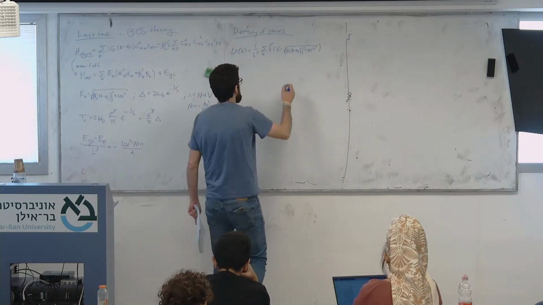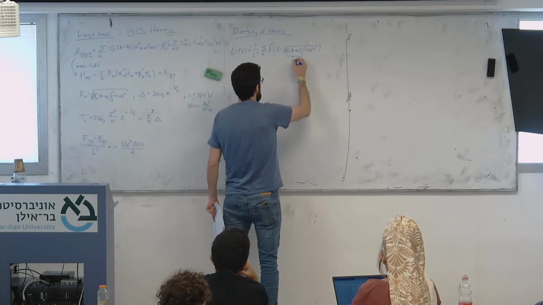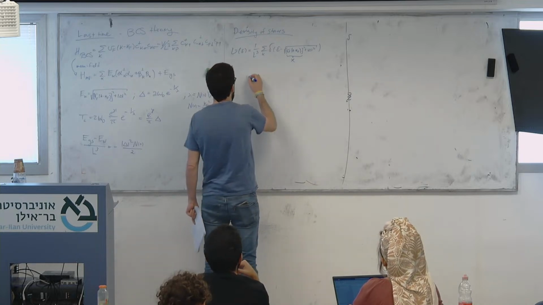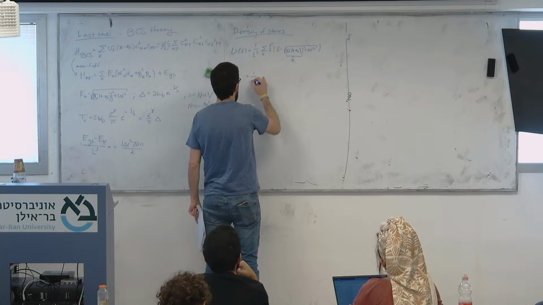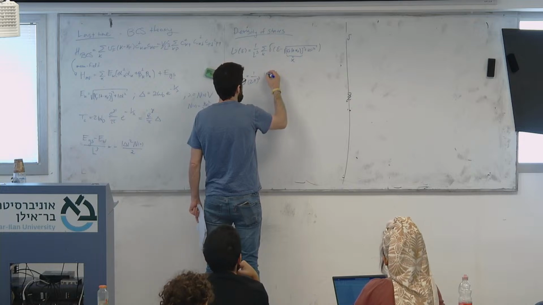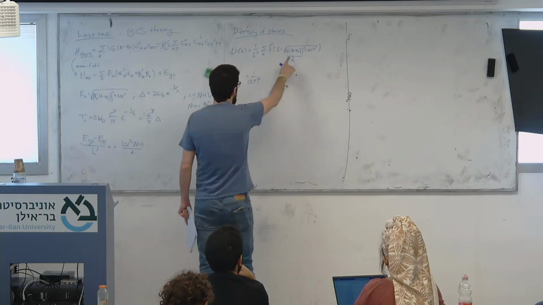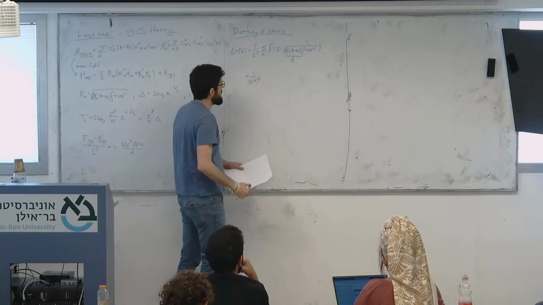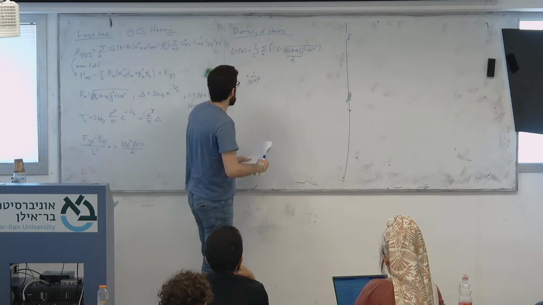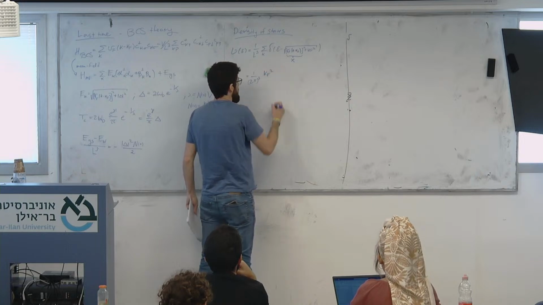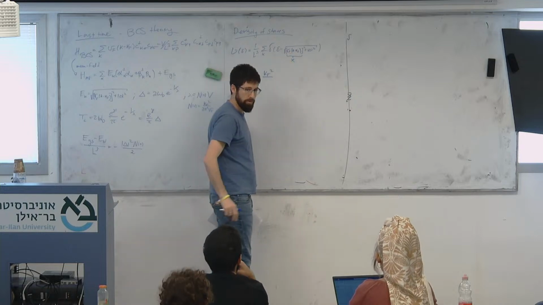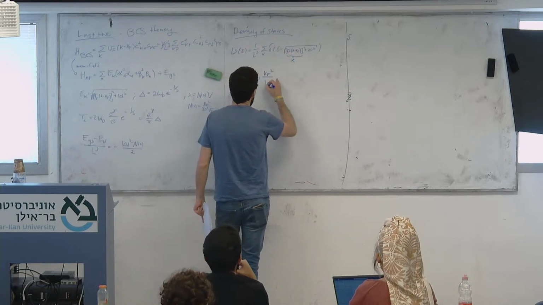Now let me define this part as some x. Then we have an integral of 1 over 2 pi cubed, and let's do the integral around kF. The Jacobian will give us kF squared. From the transformation, the factor of vF will give us 1 over vF.